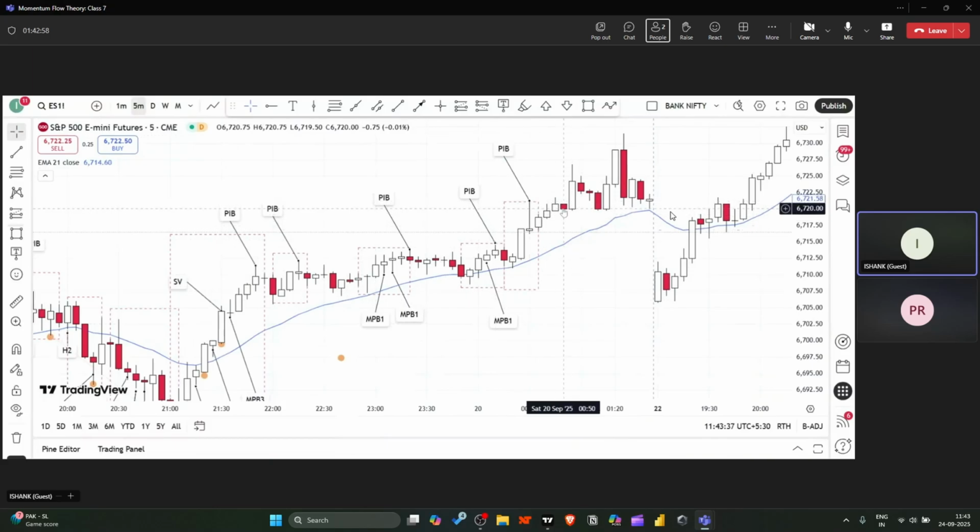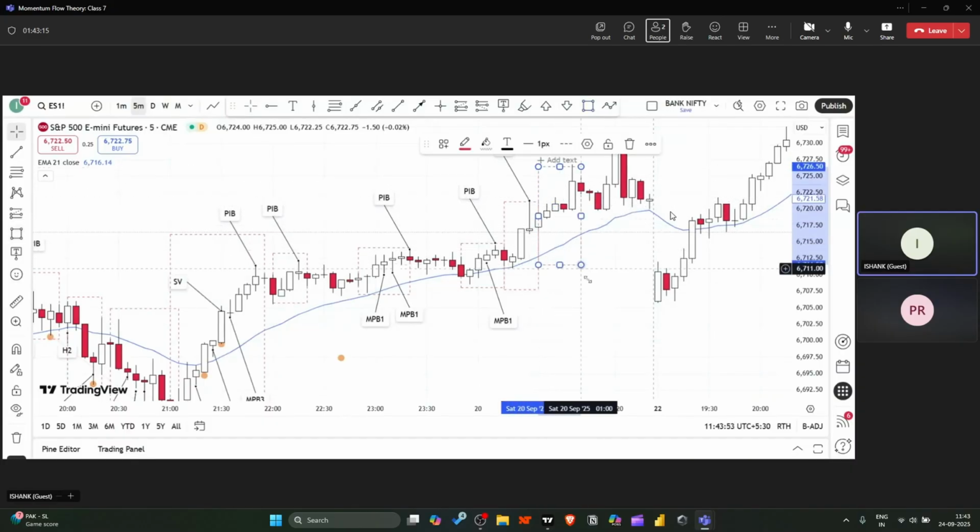Again, one more spike you got with the MPB 1. Correct. Now where will you mark the MPB?